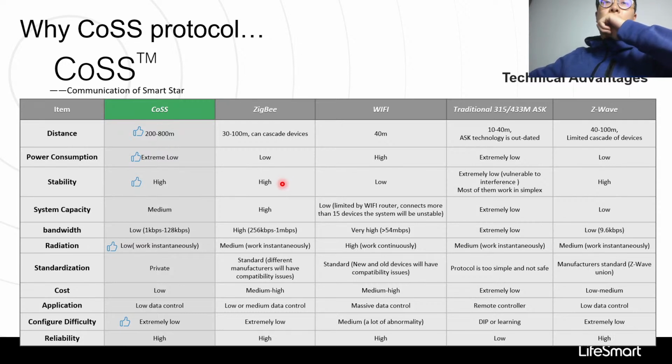I think the first is about the distance. It can transmit up to 200 to 800 meters in an ideal environment, while Zigbee is only 30 to 100 meters, but you can cascade devices. They use a mesh network to connect all the devices.